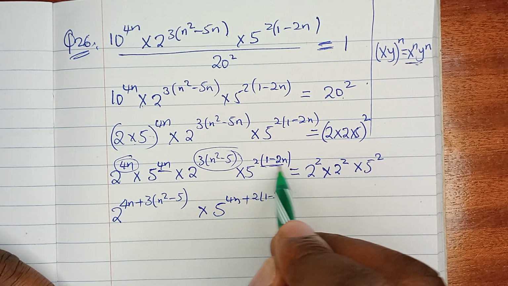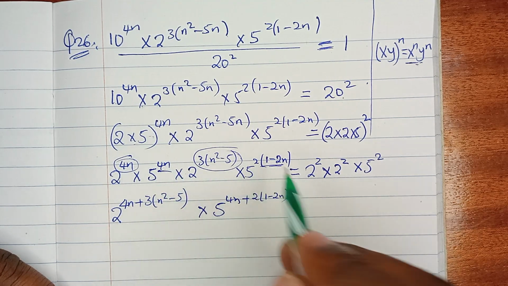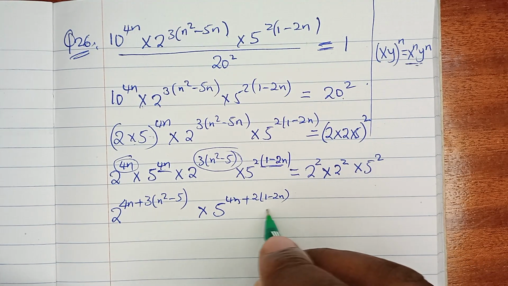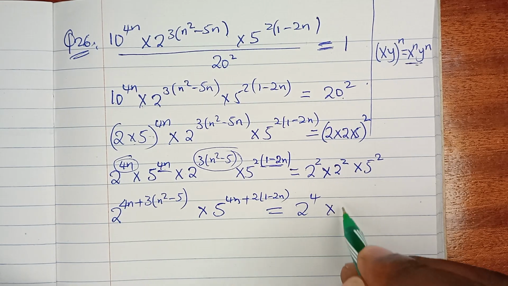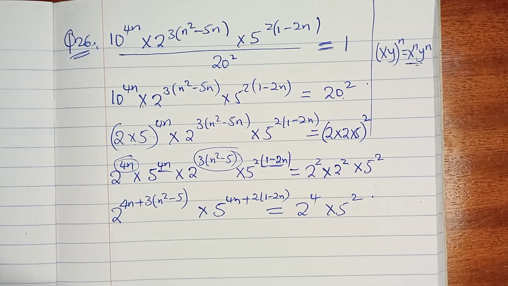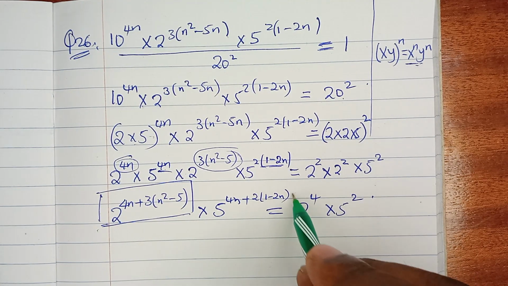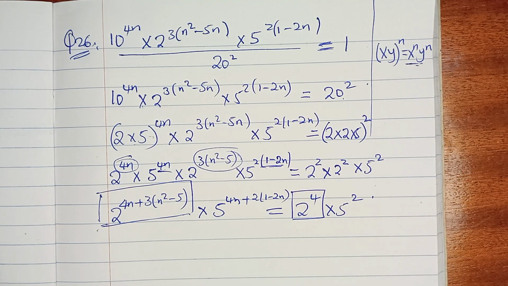Again we have the same bases, and according to law 1 we just add the indices, which is equal to 2 plus 2 is 4, times 5 squared. It is now very clear that the whole of this term having base 2 is equal to this term having base 2 across.